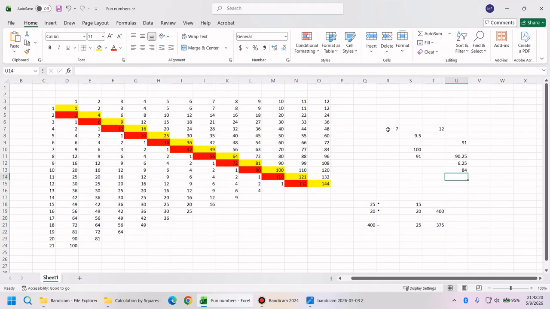And 7 times 12 is indeed 84. So it does work, even if the part in between is actually only half done. Which again, not too bad. And yeah, that was it.